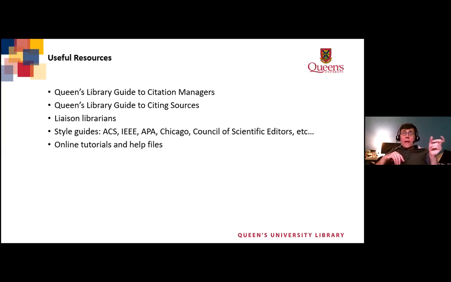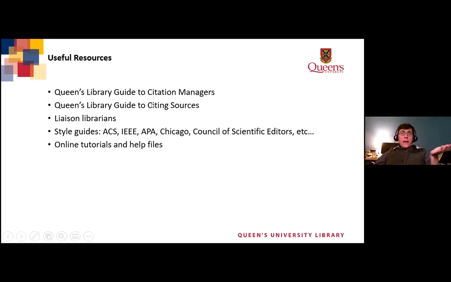There's also helpful information about connecting EndNote to the library. Remember when I showed you how to find a PDF from a reference? You have to set up EndNote in a very specific way to link to the library, and that information is in the library's guide to citation managers.